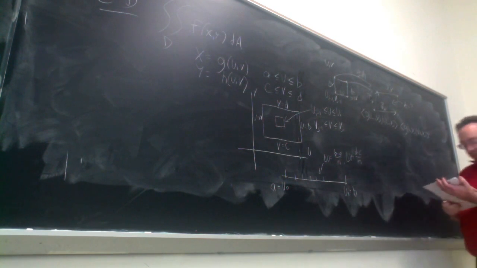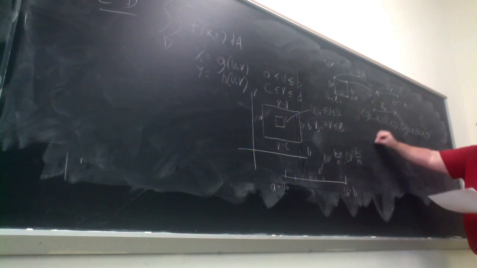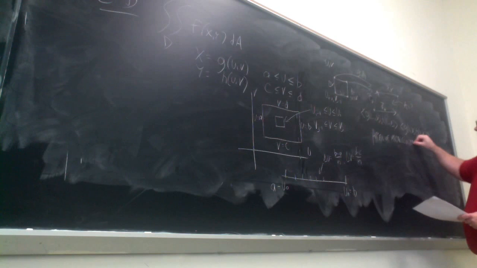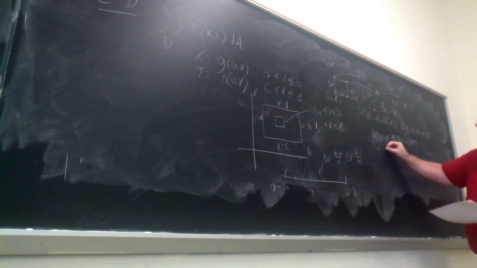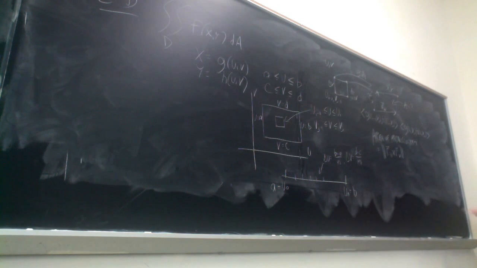So it turns out that the area of this approximate parallelogram is equal to the magnitude of the cross product of these 2 vectors.